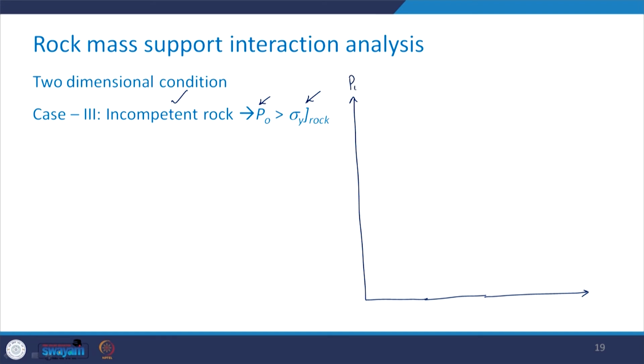Again here we have Pi, which is the internal radial support pressure, and on this axis we have Ur, and in this case we will have, say, this point A, and we will have some different zones here.